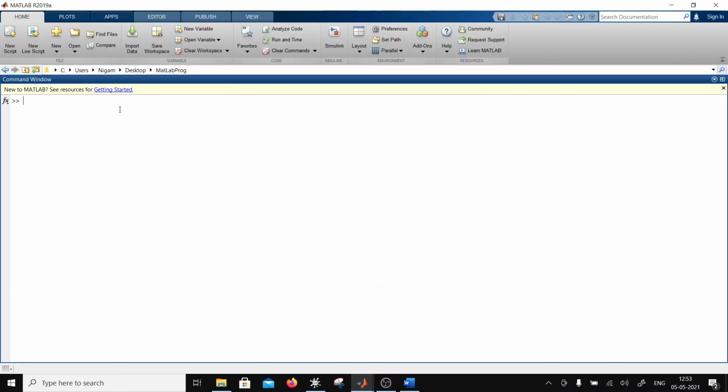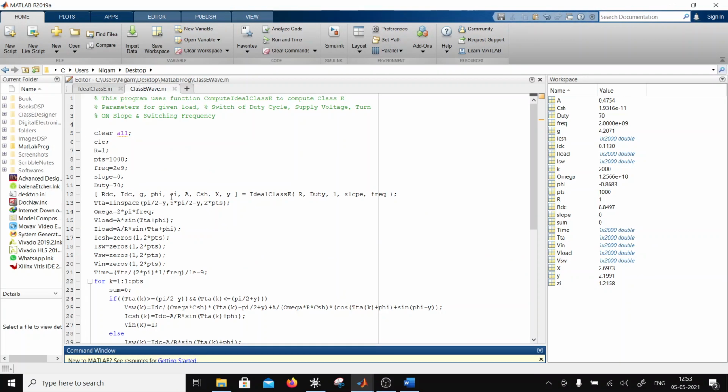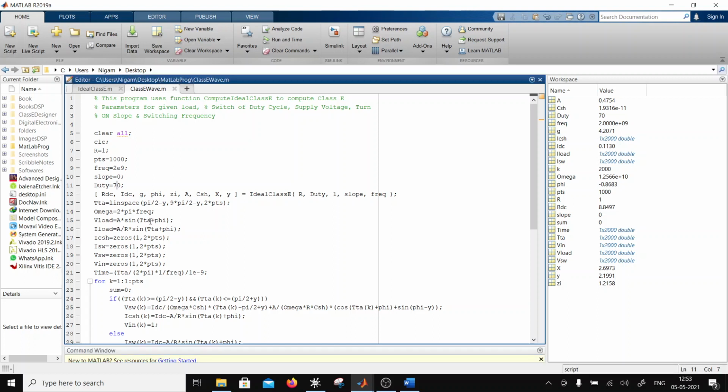Now let's look at the slope of 30%, switch off slope. Now it is going to integrate for less time, right? Switch off. So now save it and run it again.